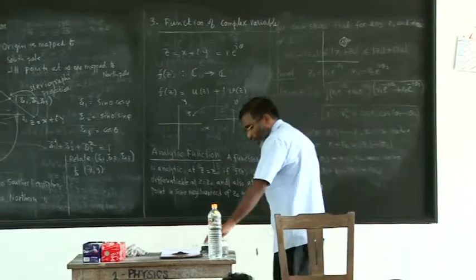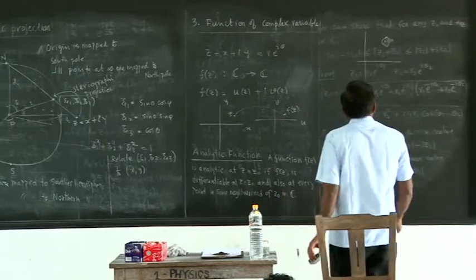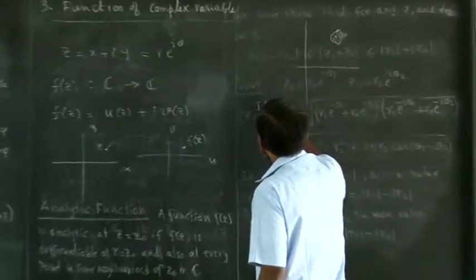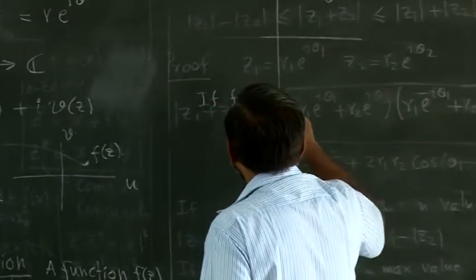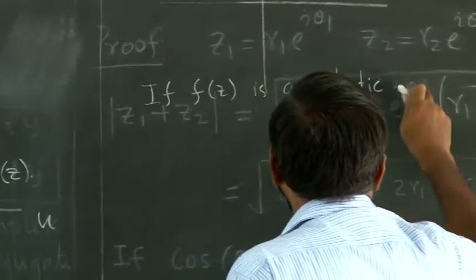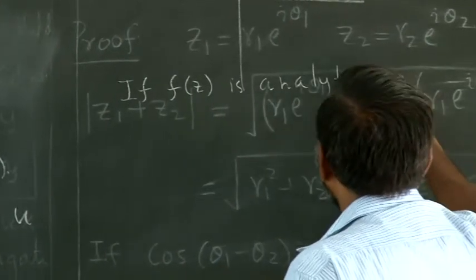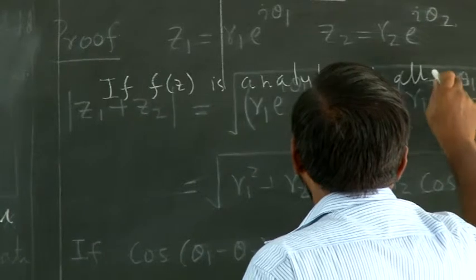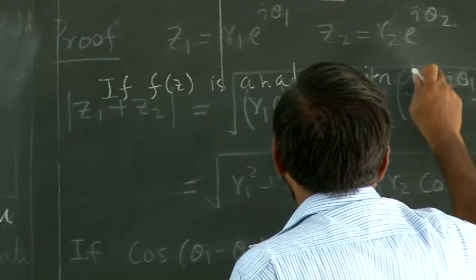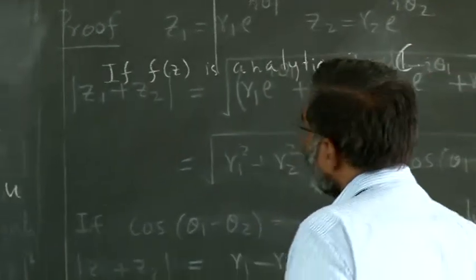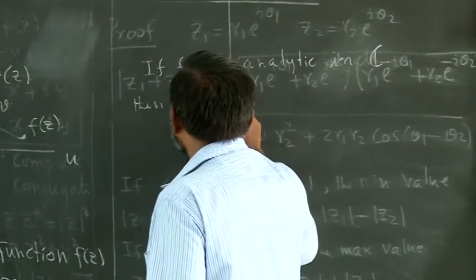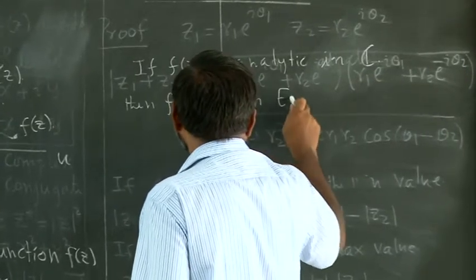Now, if f of z is analytic at all points in C, then we call this f of z an entire function.